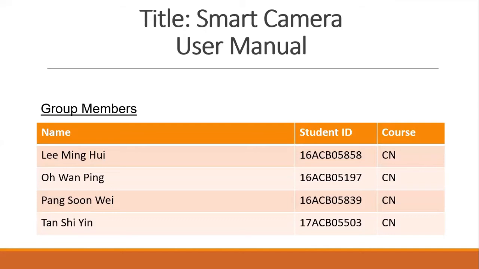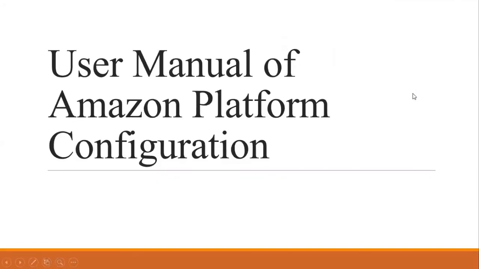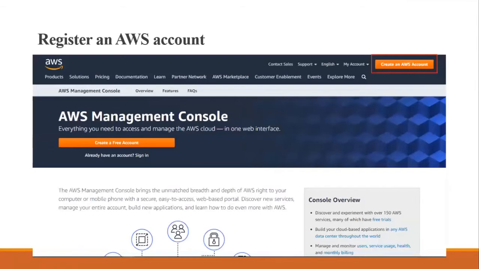And the title is Smart Camera. The smart camera that we use is to detect car accidents, and then we send the real streaming data to the AWS. So at first, the first thing that we have to do for AWS is to register an account.